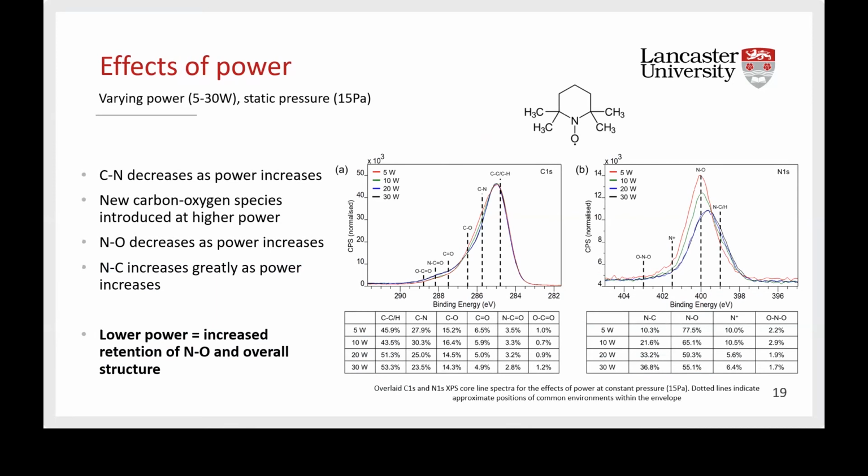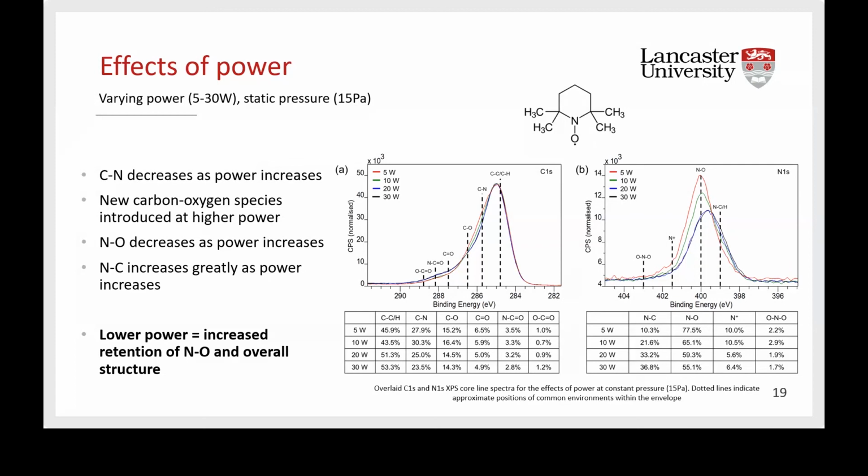If we want to look at the effects of power and pressure on the retention of that actual NO bond itself, and also the overall structure, we can do higher resolution scans. Essentially, we're focusing in on those peaks from the previous image with our XPS, and we can start to fit bonding environments to that, basically saying what are the atoms bound to, what are the elements bound to on the surface. This slide shows you the effects of power on our coating. It's the original data.